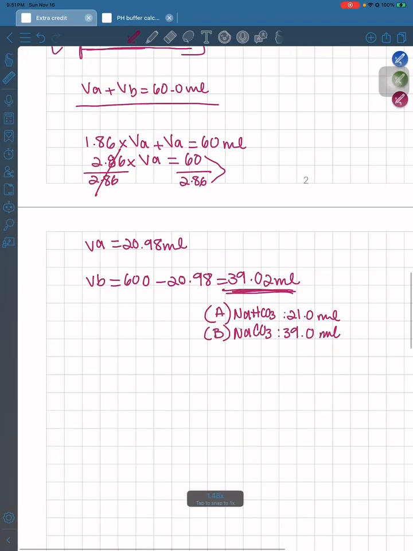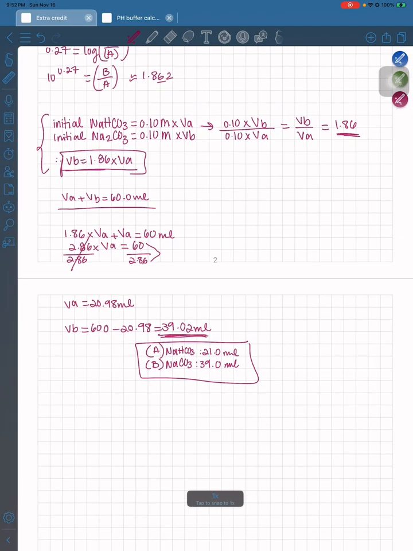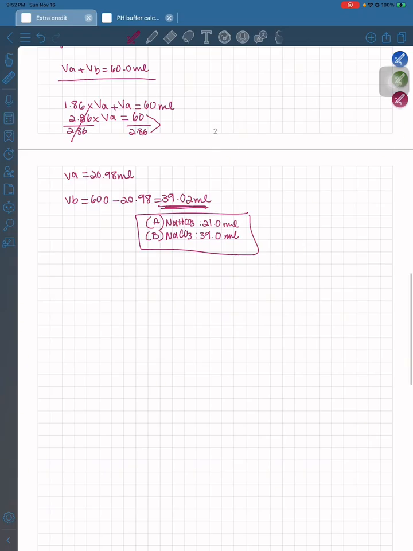And then this one's pretty much done as well, and we just have to come up with a series of steps to follow. We can start off by measuring approximately 21.0 milliliters of our 0.10 molar sodium hydrogen carbonate solution, using appropriate lab equipment. We can then measure approximately 39.0 milliliters of the 0.10 molar sodium carbonate solution and combine them in a beaker or a flask.